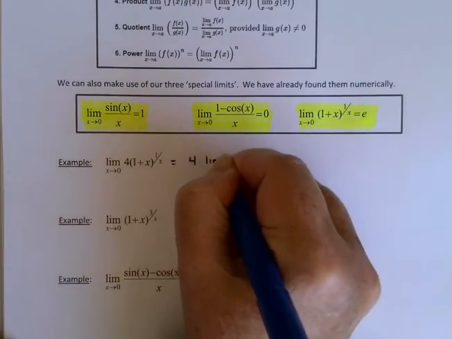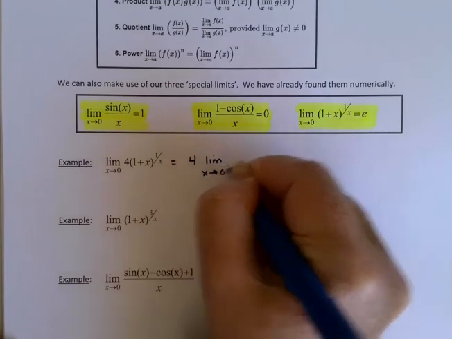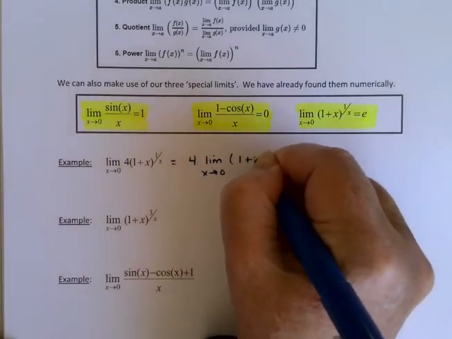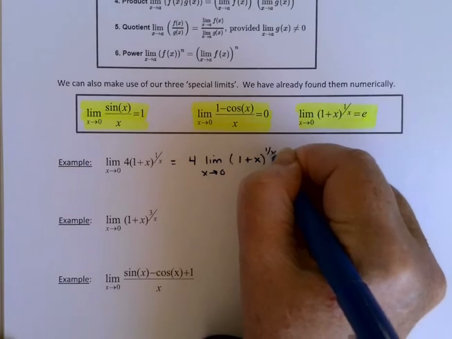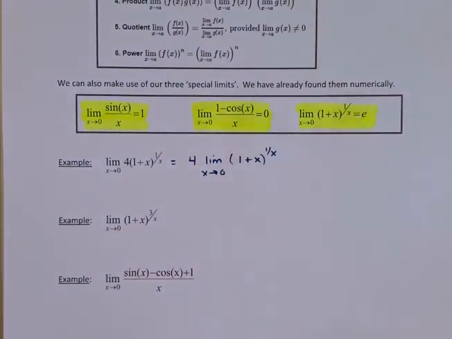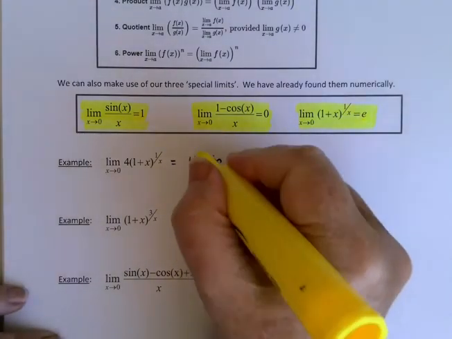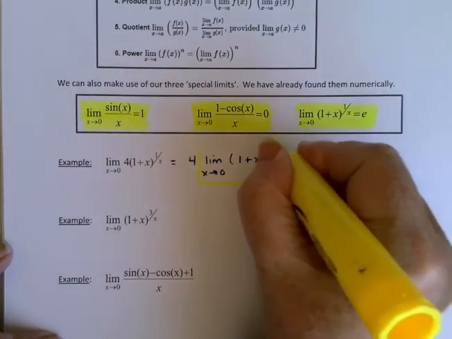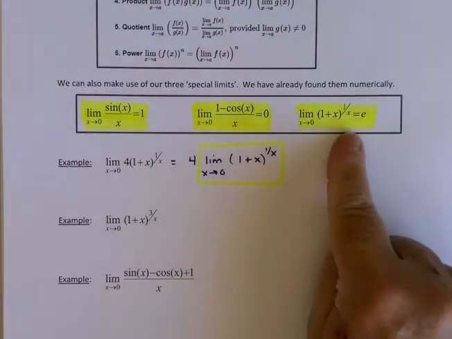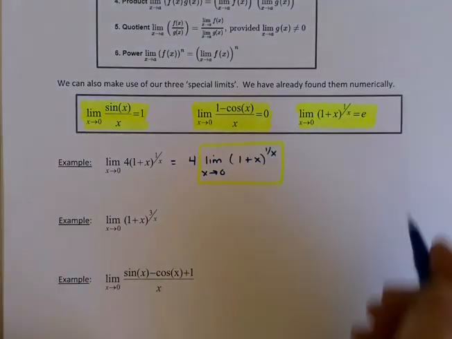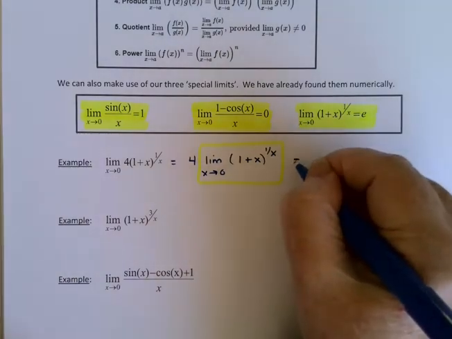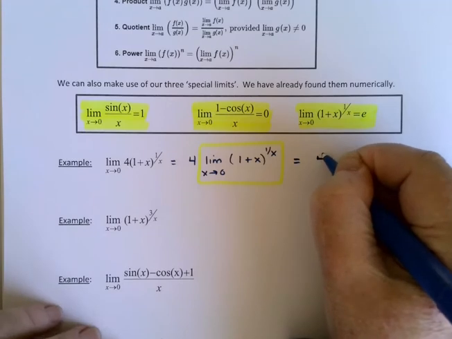So I could write that as 4 times the limit as x goes to 0 of 1 plus x to the 1 over x. This is now a perfect match for my special limit, which has the value of e. So I'm going to get 4 times e.